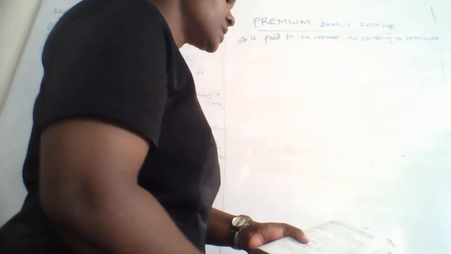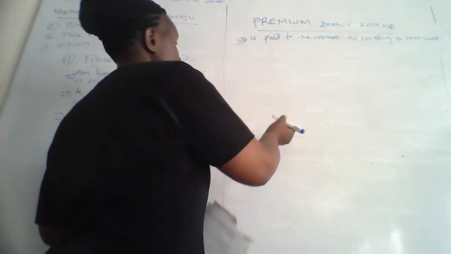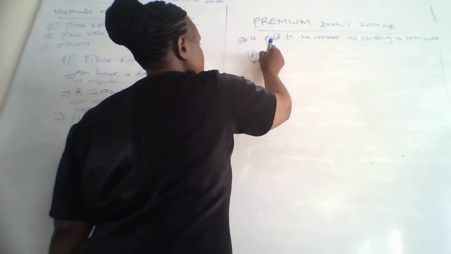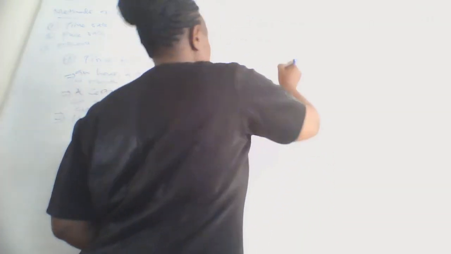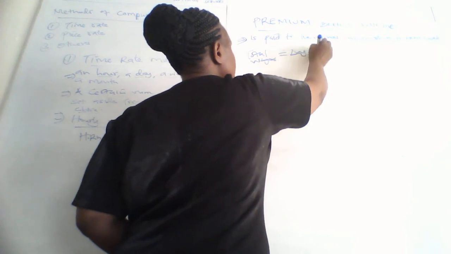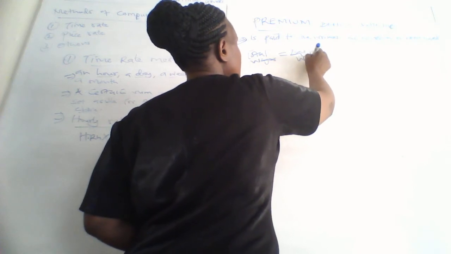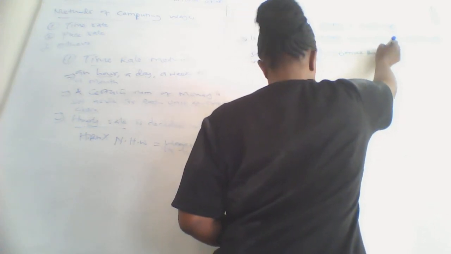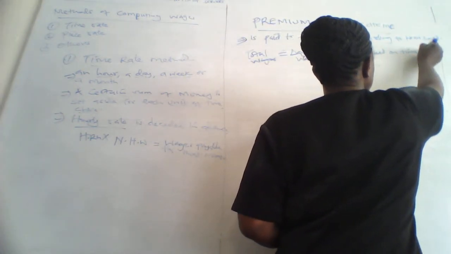So for you to get the total wages to pay the employee, you are going to use this formula. Total wage to be paid the employee equals day rate wage plus bonus paid on time saved.